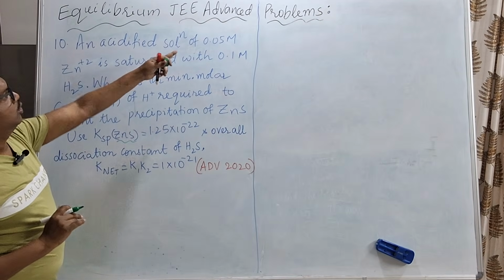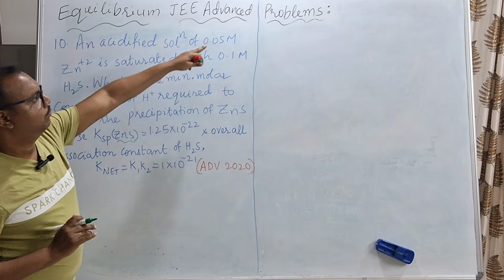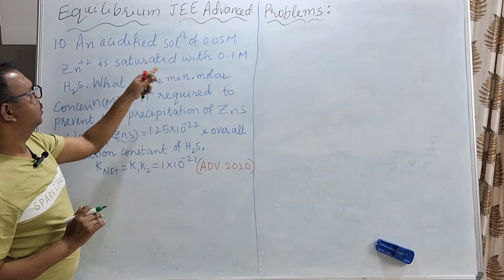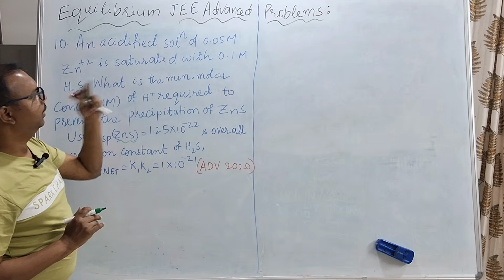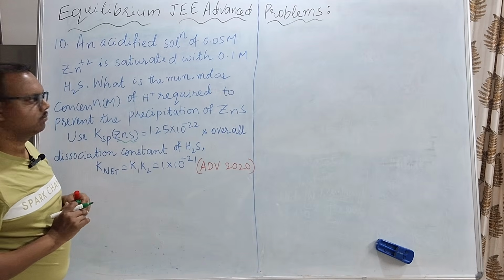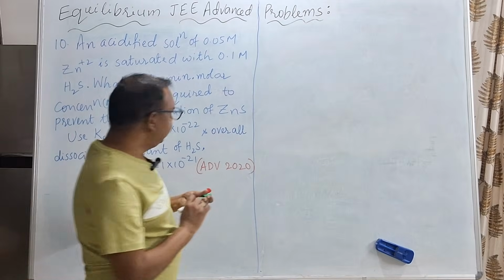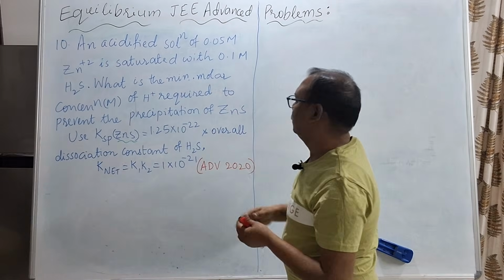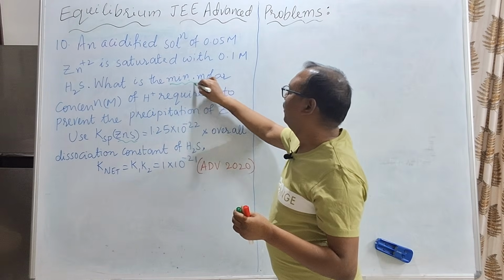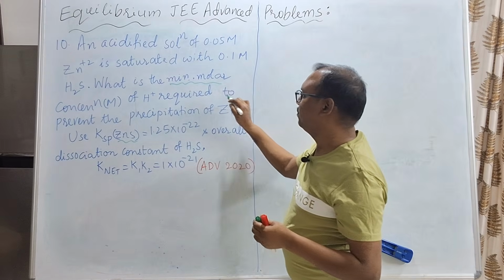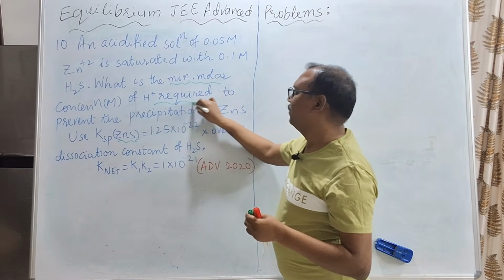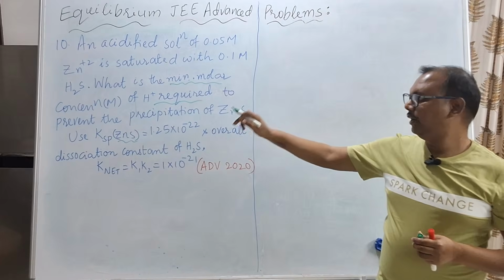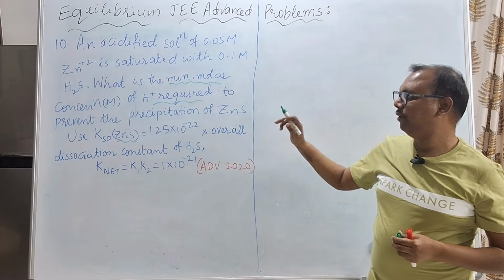An acidified solution of 0.05 molar Zn2+ is saturated with 0.1 molar H2S. What is the minimum molar concentration of H+ required to prevent the precipitation of zinc sulfide?